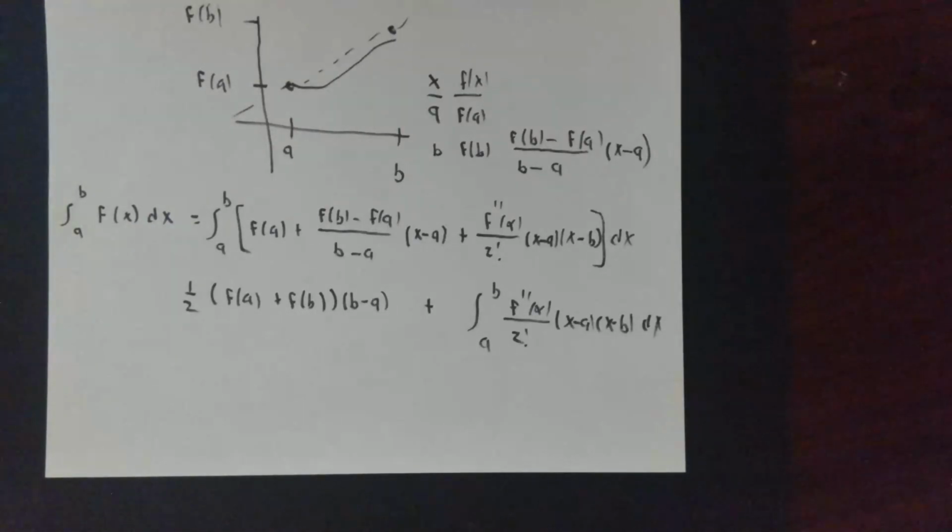You can do an analysis very much like what we've done before, and you'll end up with a value of the second derivative divided by a constant times (b minus a) cubed, just as we did with the midpoint rule. I'll leave that as an exercise to the interested.